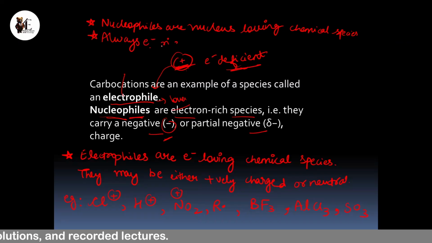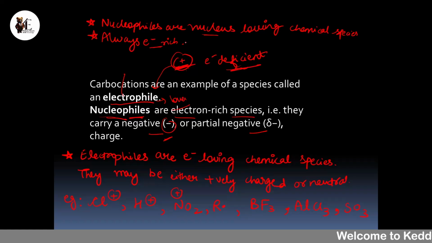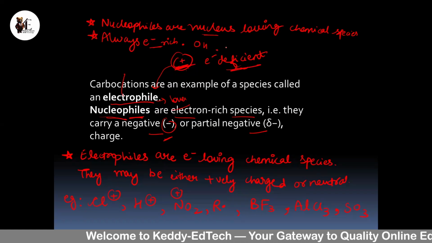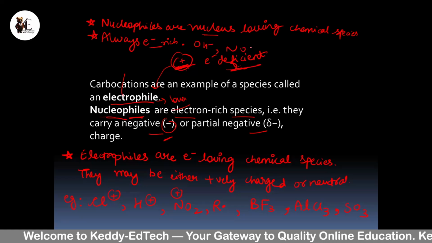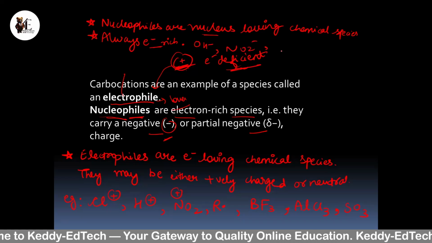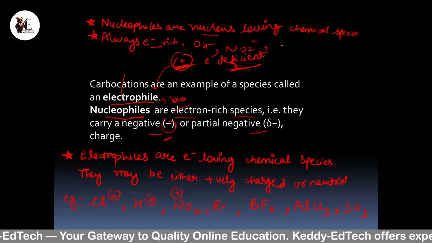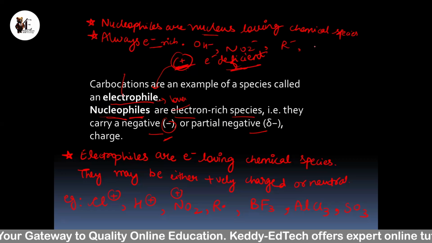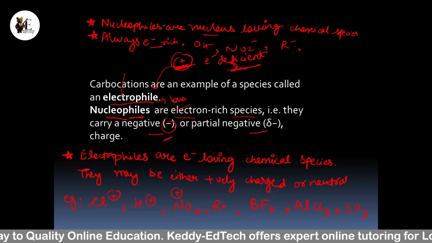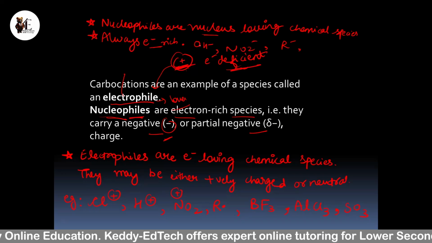They are always electron rich, that's why they love nucleus, positively charged. They also can be negatively charged or neutral. So negatively charged you can easily identify, okay, like OH minus, NO2 minus, R minus. Any species which contain a negative charge is called nucleophile.